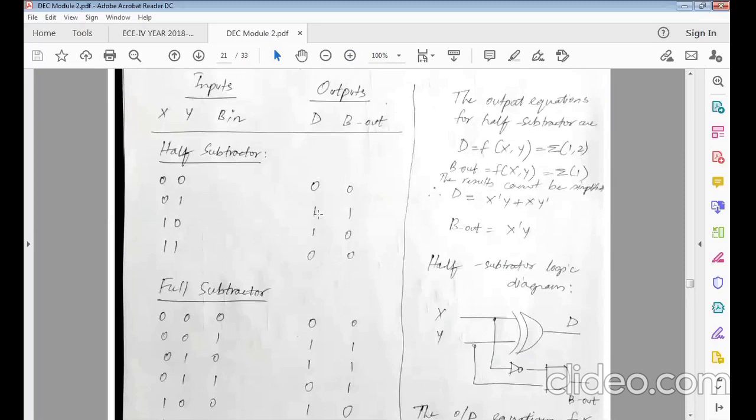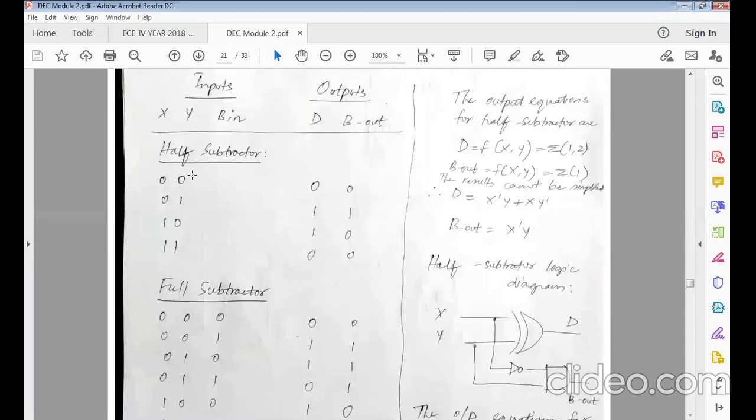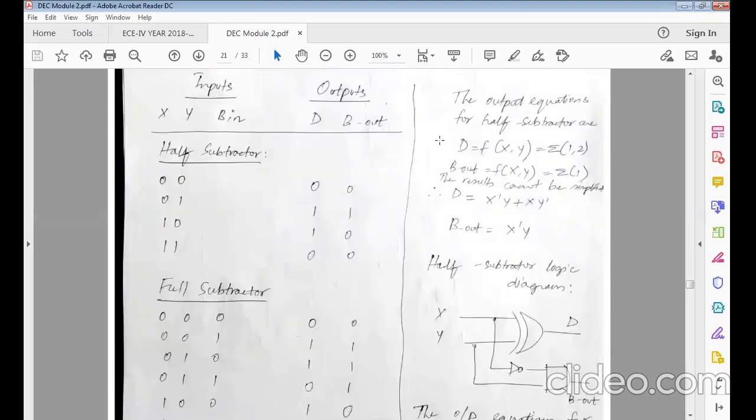Okay, fine. So now that we have developed your truth table, next is your functions, right? So wherever I have x, y, I take it for 1 and 2. Similarly, my borrow out. I think you know how we get the outputs for B and B out for the respective inputs, and accordingly we look into the functions here, and we get this.